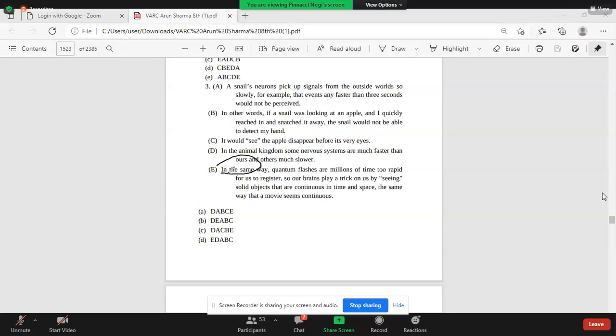What does "in the same way" mean? Idea reiteration. Is answer option E reiterating what is explained in D? Not at all. They're talking about two distinct things. So we clearly know A is our mandatory pair, D is our opening sentence. So A is the correct answer.